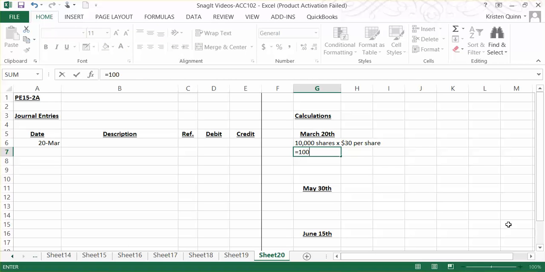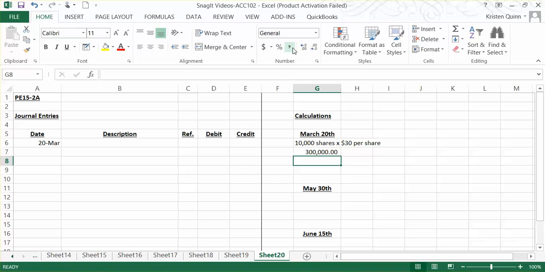We have our 10,000 shares times $30 per share. So far, we've spent $300,000. But we also have to add to that the $250 brokerage fee that we paid in order to buy these investments. So our total value of our investment is $300,250.